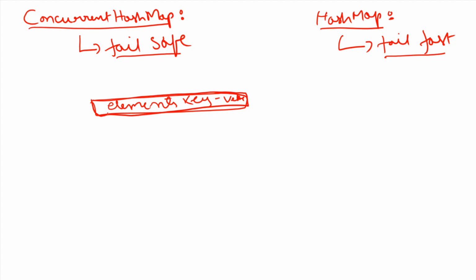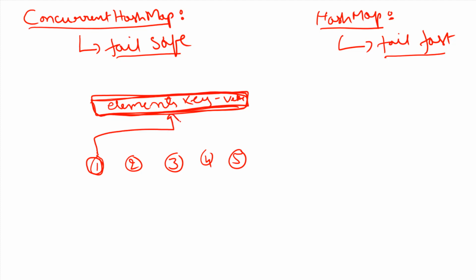I am running my tests parallelly, and I have stored some elements as key value pairs in this map. Let's say I am running some tests parallelly, like first test, second test, third test, fourth test and fifth test. At one point, the first test has to access this map and it is doing some changes to this map.